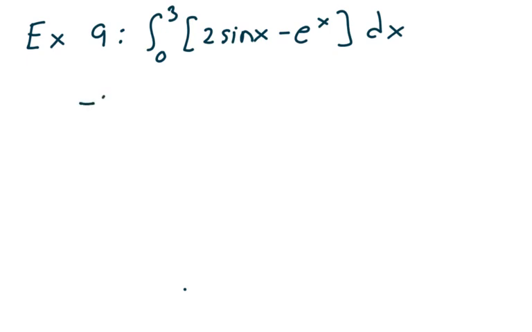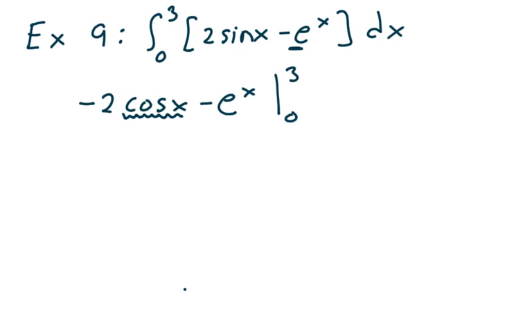You're going to find that that's negative cosine x, because remember that the derivative of cosine x is negative sine x. And so negative sine x times negative 2 is positive 2 sine x. The antiderivative of e to the x is e to the x. And we're going to go from 0 to 3.